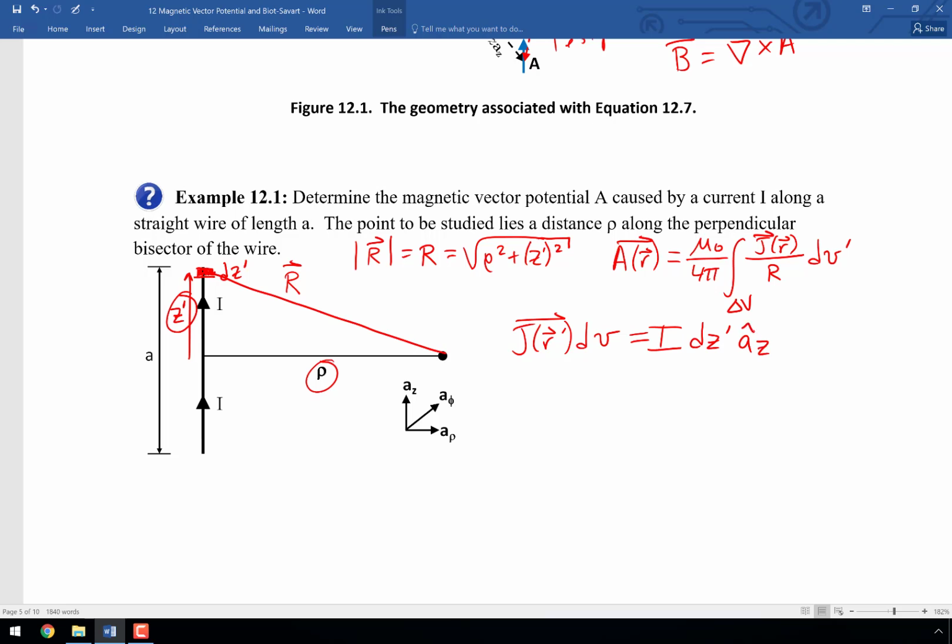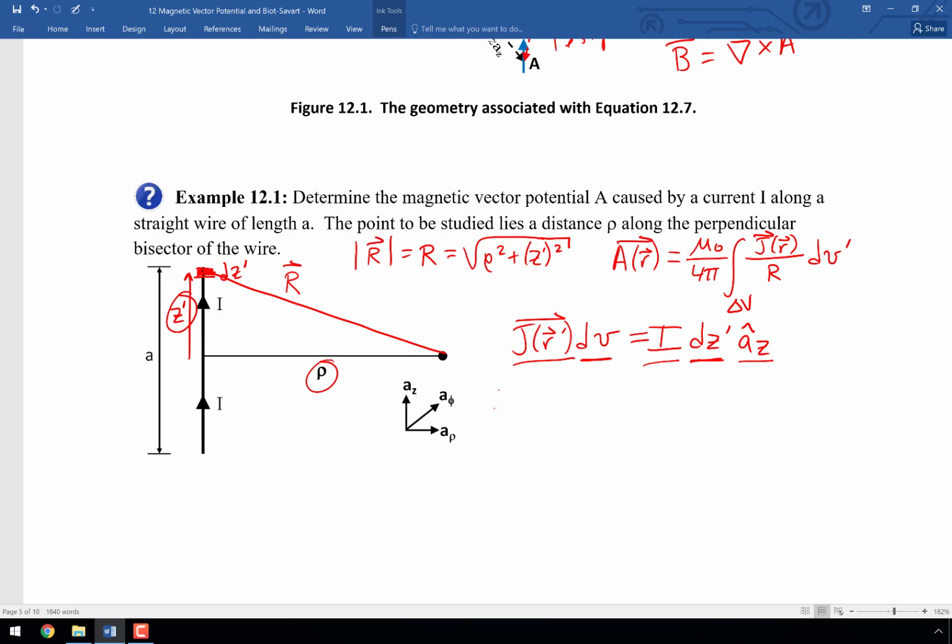Notice that dz prime is that differential element, and a sub z is pointing in the upward direction, so that's correct for this current, and then the current I is given in the problem. So notice that we took a current density, multiplied it by a cross-sectional area, and that gave us a current. That cross-sectional area took 2 of the 3 dimensions out of the volume, and left us with only the 1 dimension for dz prime.